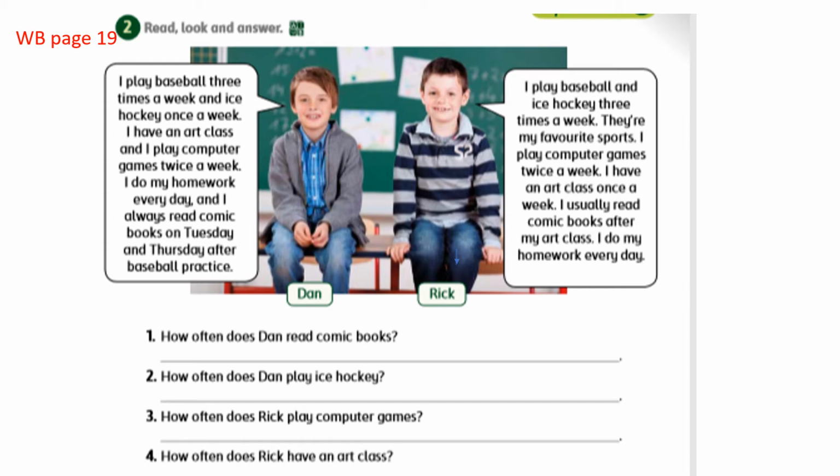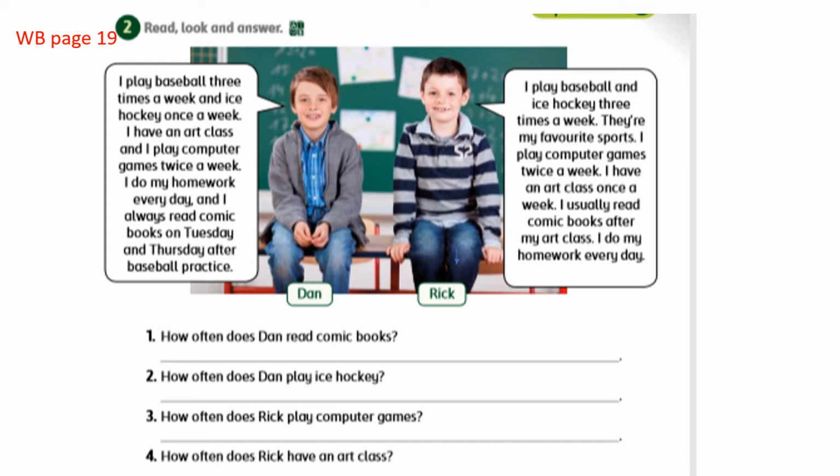I play baseball and ice hockey 3 times a week. He plays ice hockey and baseball 3 times a week. They're my favorite sports. I play computer games twice a week. Rick plays computer games twice a week. I have an art class once a week.